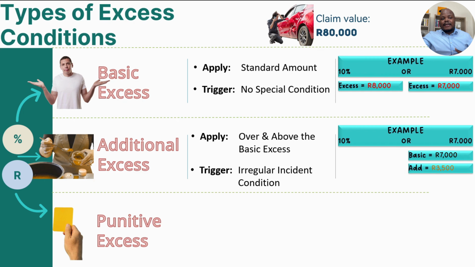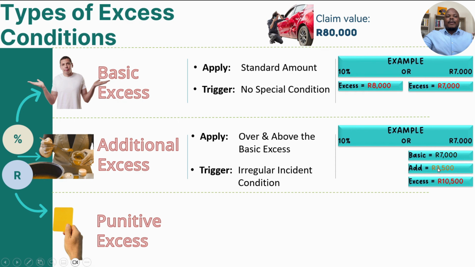So should you get into an incident in that specific condition, which is an irregular incident condition, your excess will be 10,500 rand, because they'll add the basic, which is due, as well as the additional, which is triggered by the type of loss that you had.